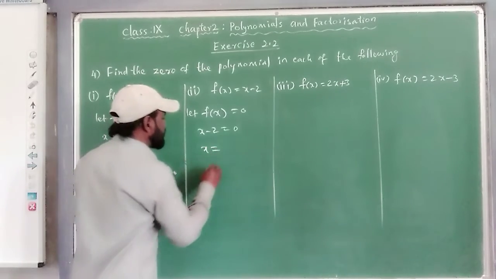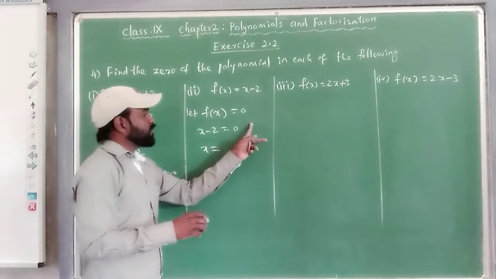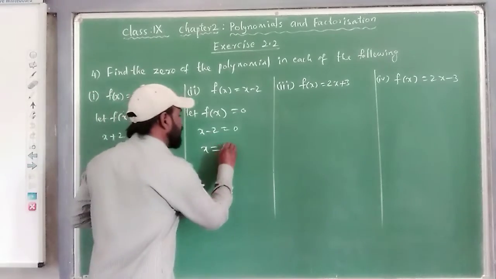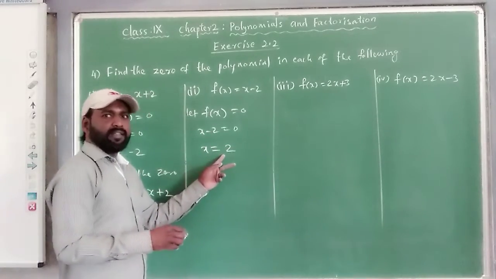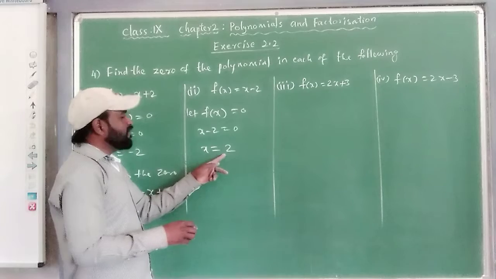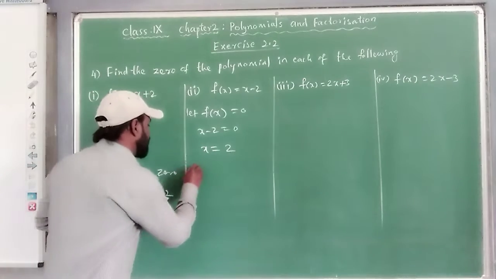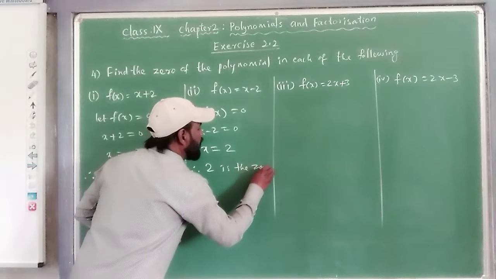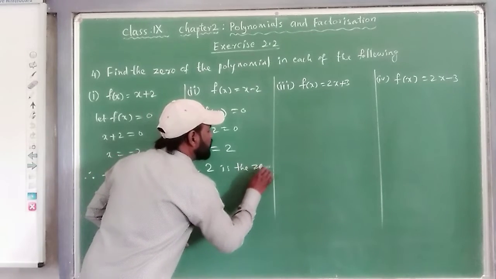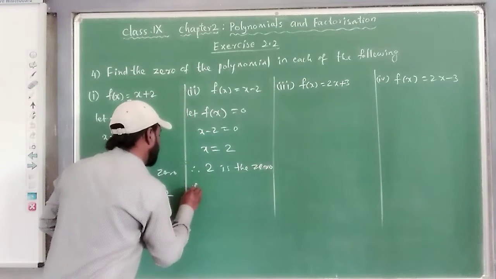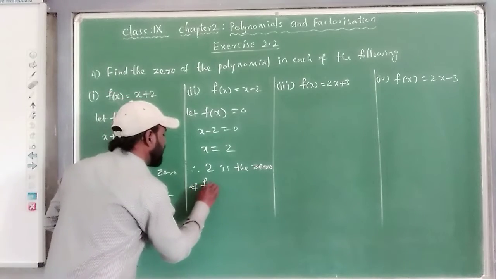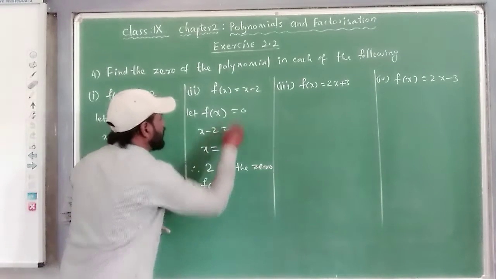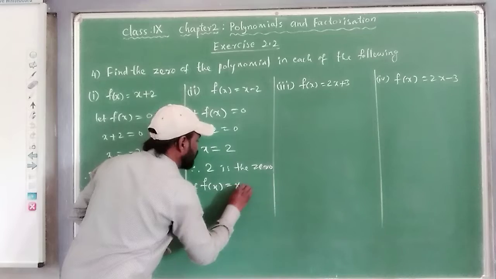Left side x is as it is. So the minus 2, when transposed from this side to that side, becomes plus 2. The variable value is equal to what? 2. So therefore 2 is the zero of the polynomial f of x is equal to x minus 2.